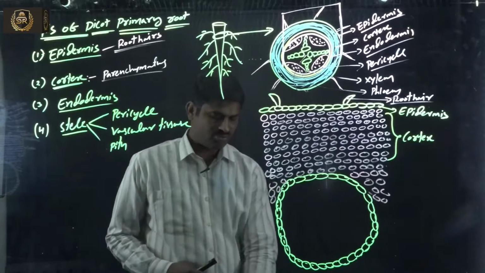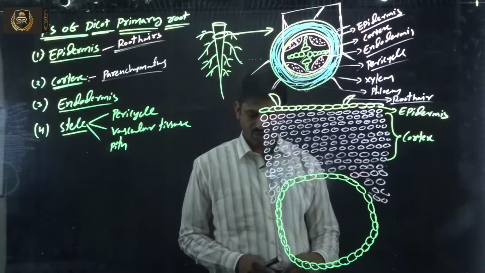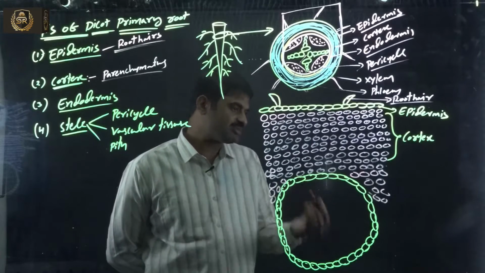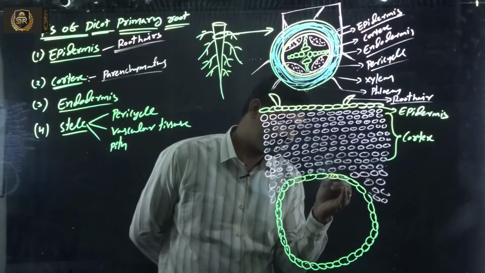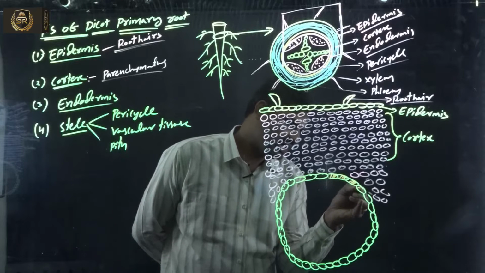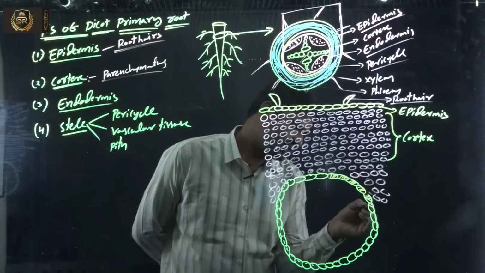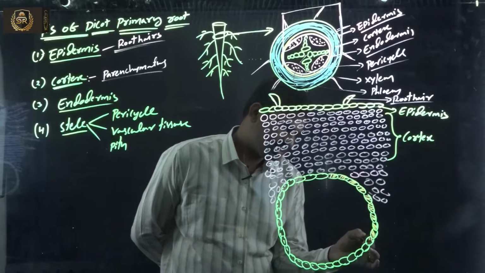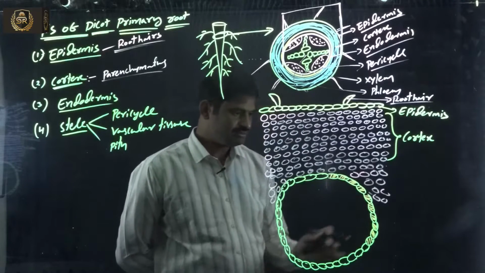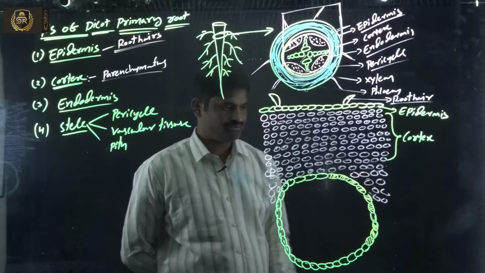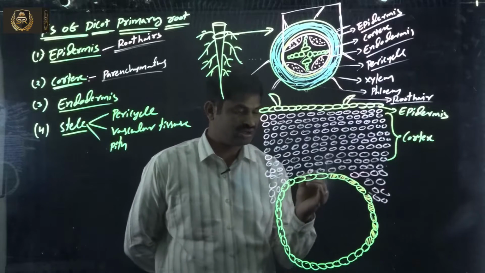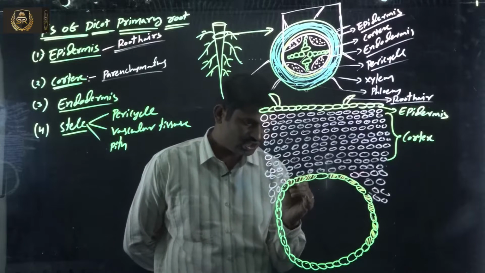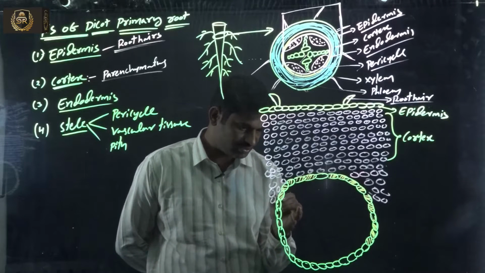Next, one more important thing. Internally in the endodermis, lignin and suberin strips are present. Those suberin strips are called Casparian strips. This is very important. The main function of Casparian strips is prevention of water leakage from the stele to the cortex region.